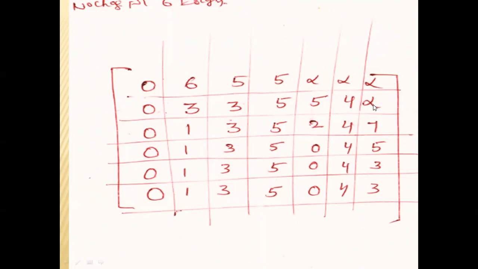Next, infinity means there is no path from 1 to 7 by using a single edge or 2 edges. But there is a shortest path from 1 to 7 by using 3 edges. 3 edges is 7, 4 edges is 5, 5 edges is 3, and with 6 edges there is no shortest path from 1 to 7.